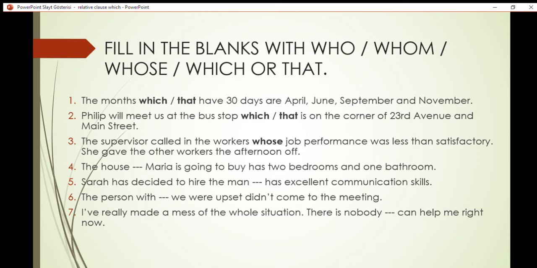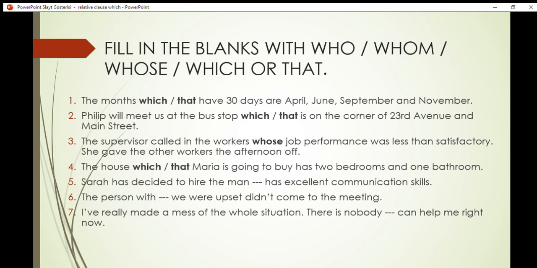4. The house which Maria is going to buy has 2 bedrooms and 1 bathroom. The house that Maria is going to buy has 2 bedrooms and 1 bathroom. 5. Sarah has decided to hire the man. Okay, so it's a man, it needs to be who or whom, but it can also be whose.